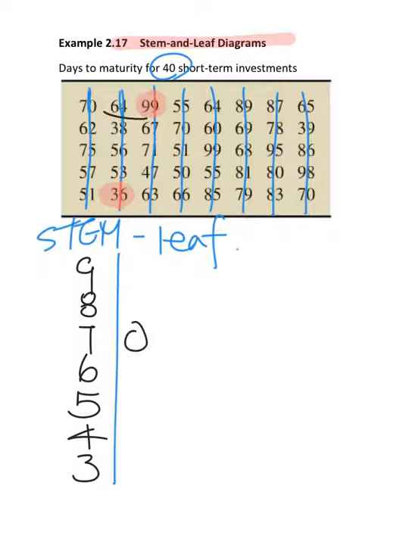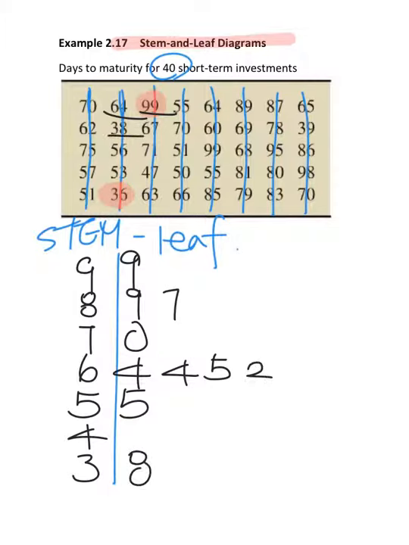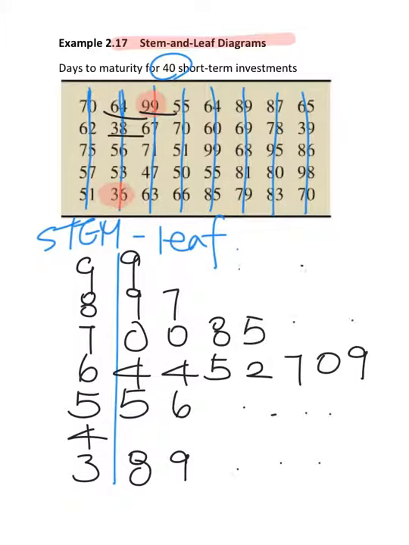Second one was a 64. 6 and 4. 99, 9 and 9. 55, 5 and 5. 6 and 4 again. 8 and 9. 8, 7. 6, 5. 62. 38. 67. 7, 0 again. 60. 69. 7, 8. 39. 75. 56. You can do it. Yeah, please finish. Yeah, it takes time.